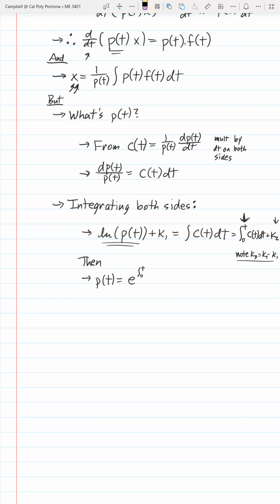Now notice that this integral is in the argument of the exponential function. So it might look a little bit funky, but really doesn't matter. All it means is you just integrate the argument before you write it into the exponential function. That's all it says. And then we have K3.